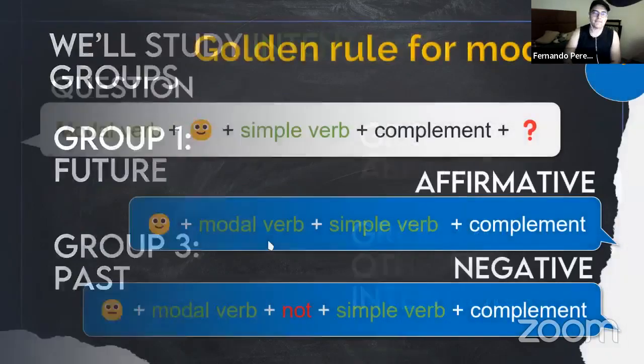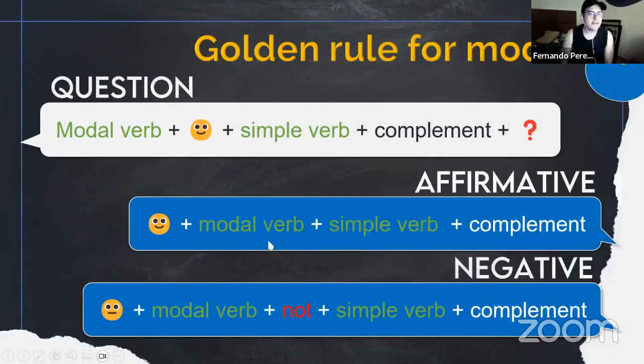In order to pass to the intentions, first let's memorize the golden rule for modals. The golden rule for modals is that you always need a verb in simple form. Always, forever and ever.